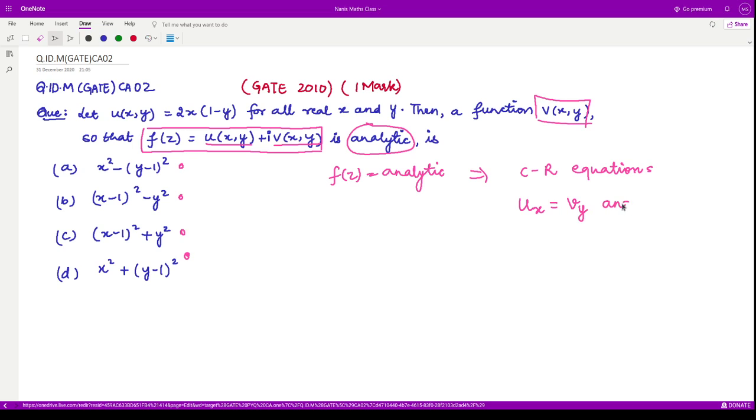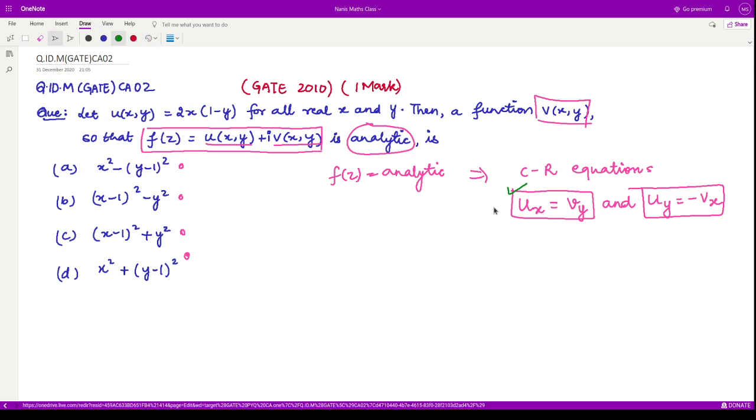And the second equation is the partial derivative of u with respect to y, which would be equal to minus the partial derivative of v with respect to x. So if these two conditions are fulfilled for any of these four, then we'll say that the corresponding v is that one.